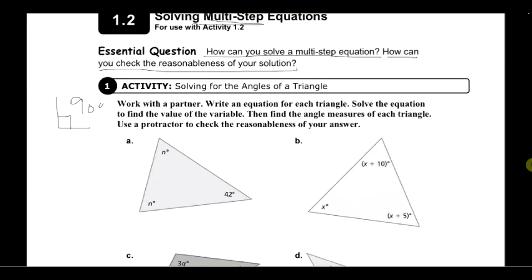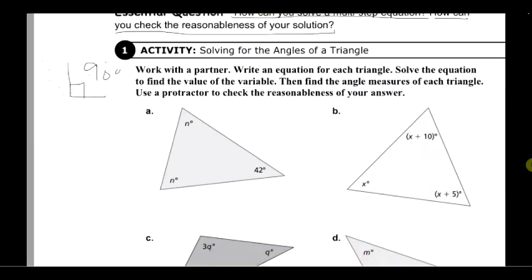Anything greater than a right angle is greater than 90 degrees. Anything less than 90 will be an acute angle and will be smaller. So for example, we know that angle N is going to be less than 90 degrees. Let's set up.